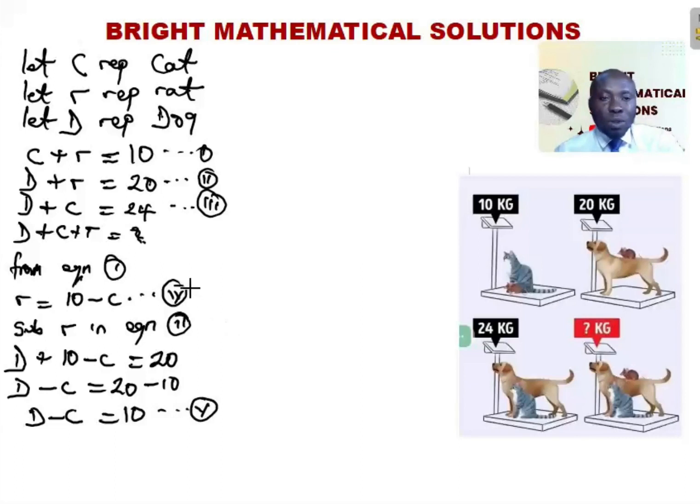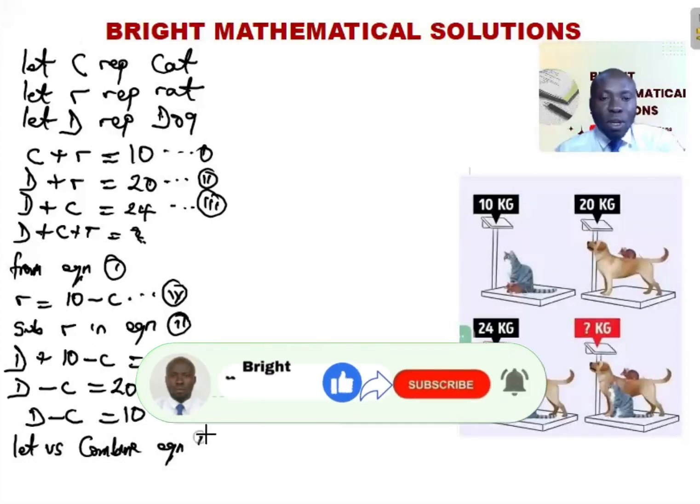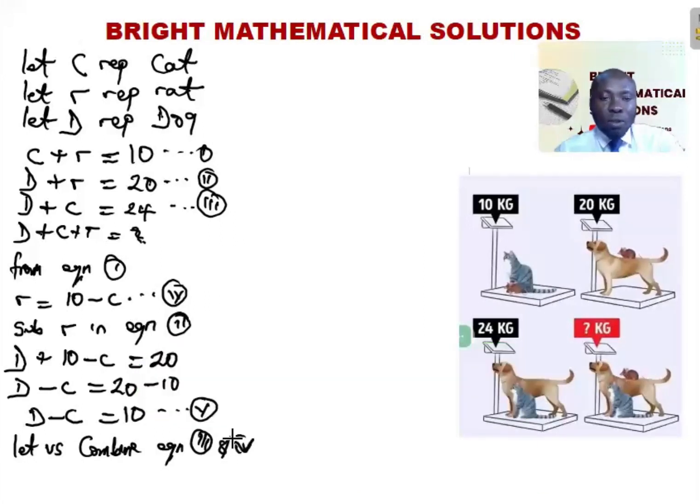We stopped at equation 4, so now this becomes equation 5. If you look at it, equation 5 and equation 3 have two similar unknowns. We are looking for D and C, and equation 5 is D and C. So let us combine equation 3 and equation 5 simultaneously.